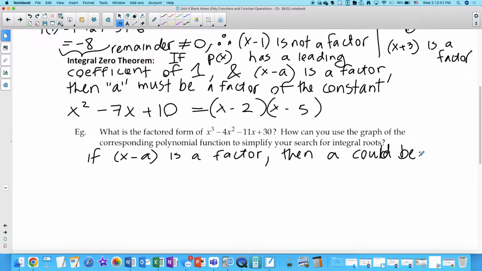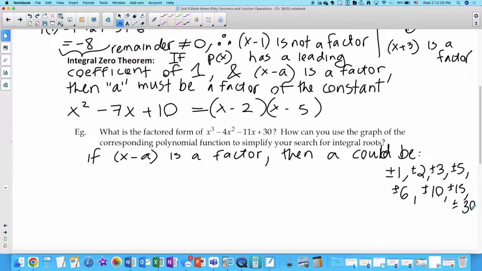So it could be plus or minus 1, plus or minus 2, plus or minus 3, plus or minus 5, plus or minus 6, plus or minus 10, plus or minus 15, and plus or minus 30.